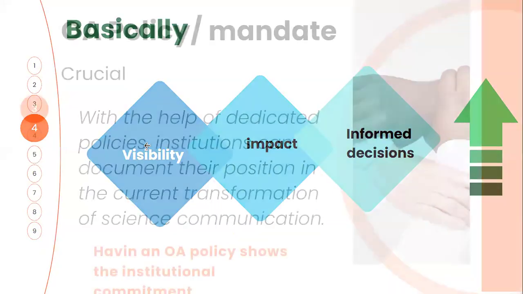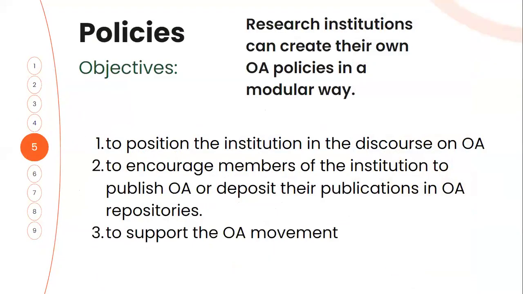And, sorry, there should be very clear objectives set for the policies. So every single institution can create their own open access policies in a modular way that fits them or their needs. The general objectives are, first of all, to position the institution in the discourse on open access.